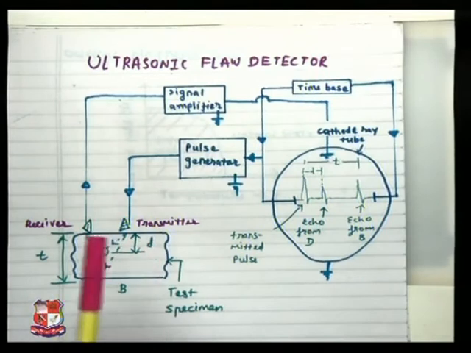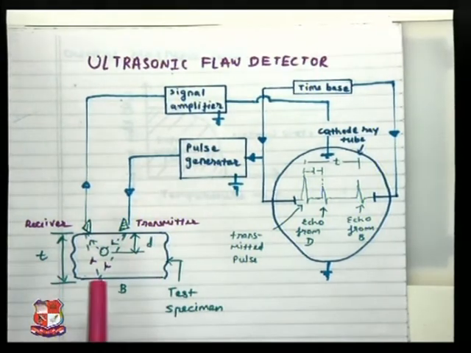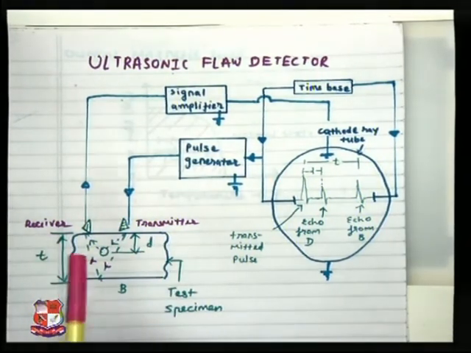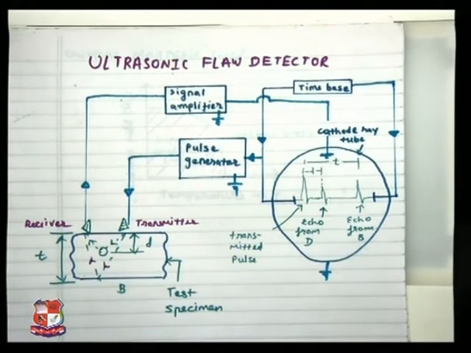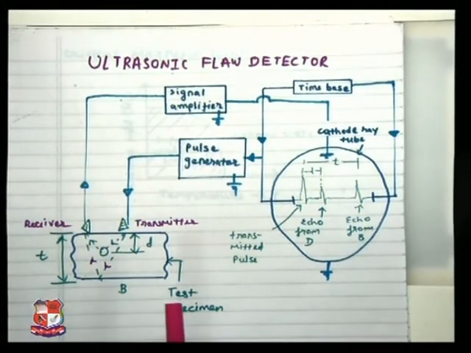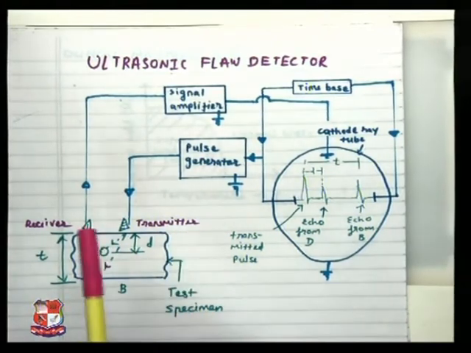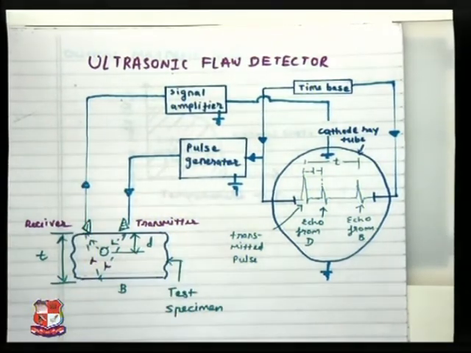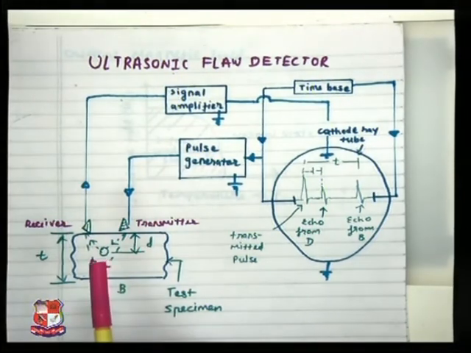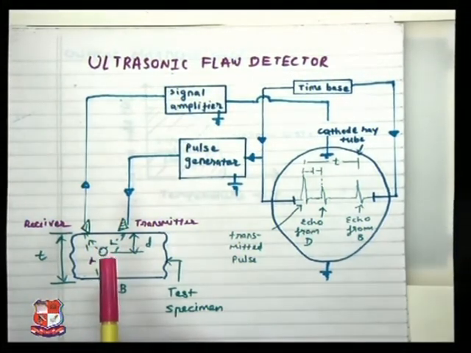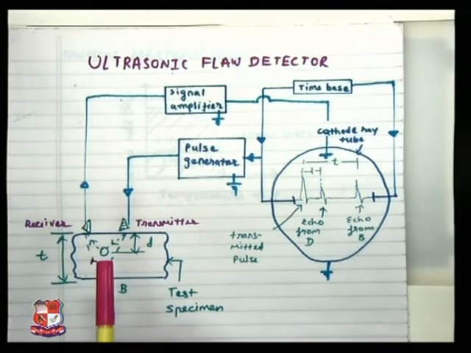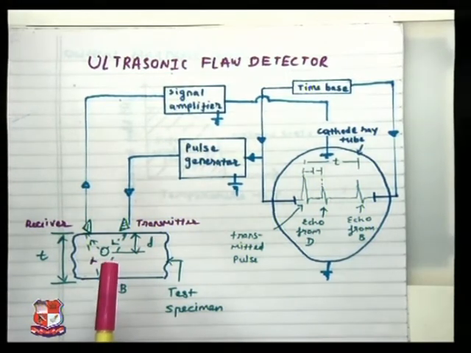Metal, non-metal and rubber types can be tested with the help of the ultrasonic flaw detector. This piece represents the specimen to be tested. This small circle is a defect inside the material.